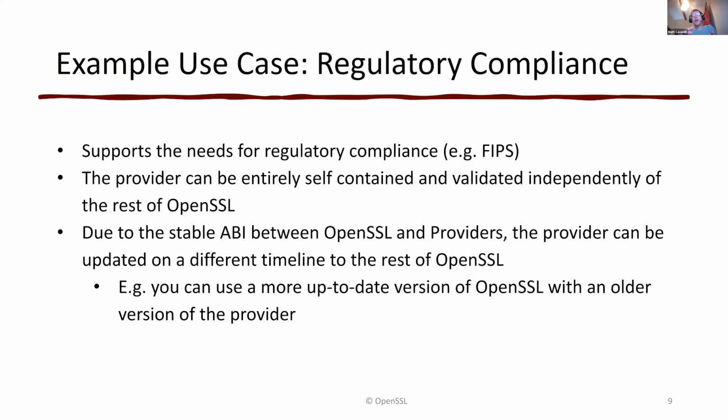The provider is entirely self-contained, and therefore we can validate just the provider to whatever regulations we have to adhere to without having to worry about the rest of OpenSSL. And again, because of this ABI, you will notice that not all of our FIPS providers for all our patch versions are actually validated, and so you can use an older version of the FIPS provider, which is validated, with the latest version of the libraries.